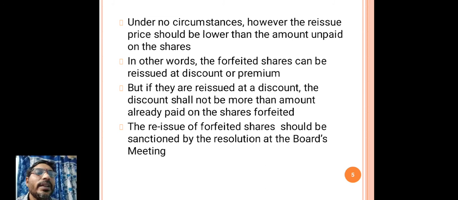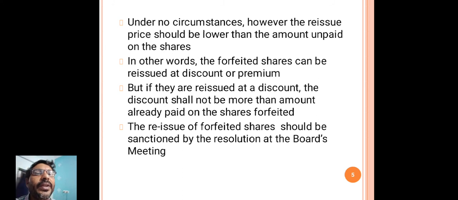But if they are reissued at a discount, the discount shall not be more than the amount already paid on the shares forfeited.